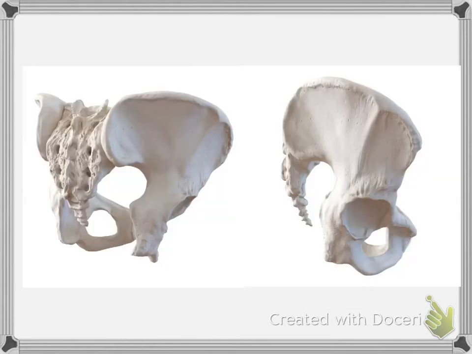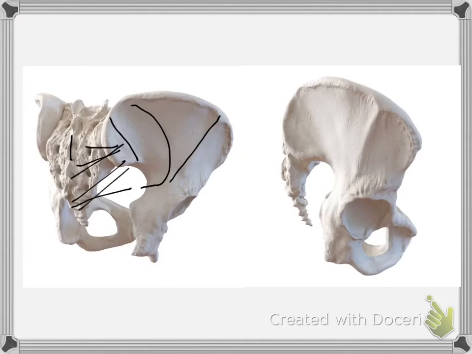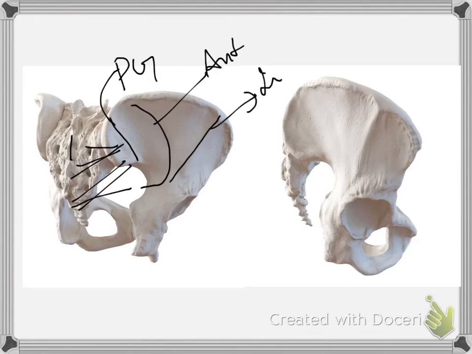Next comes the gluteal lines. You have the posterior gluteal line, you have the anterior or superior gluteal line, and you have the inferior gluteal line. From the sacrum, sacrotuberous ligament, sacrospinous ligament, everywhere, this is called the posterior gluteal line, this is called the anterior gluteal line, this is called the inferior gluteal line.